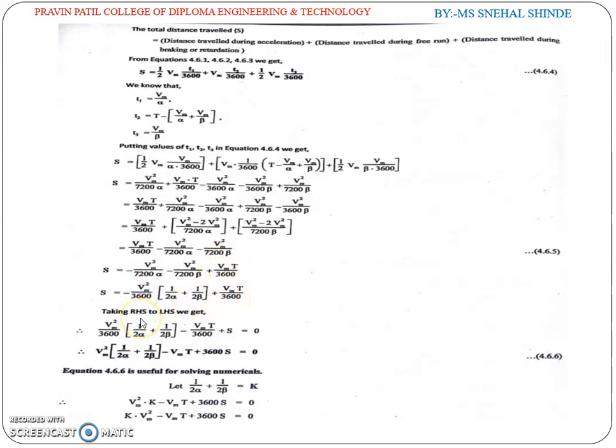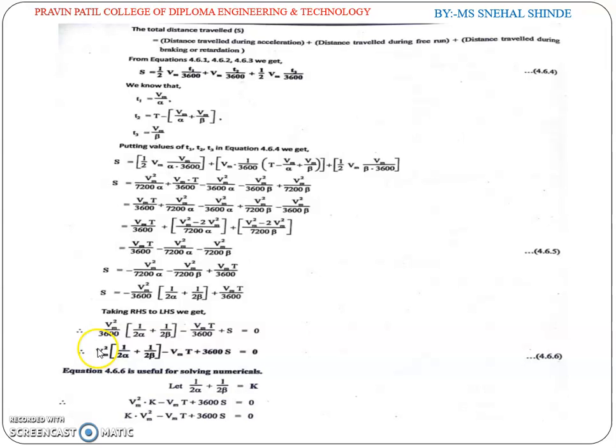So taking right hand side to the left hand side, we have simply arranged the equation. Some terms are taken in the left hand side, some terms are taken in the right hand side. So see, this minus Vm square by 3600 will come here and it will become plus. Okay, so this whole equation will come here and it will become plus.